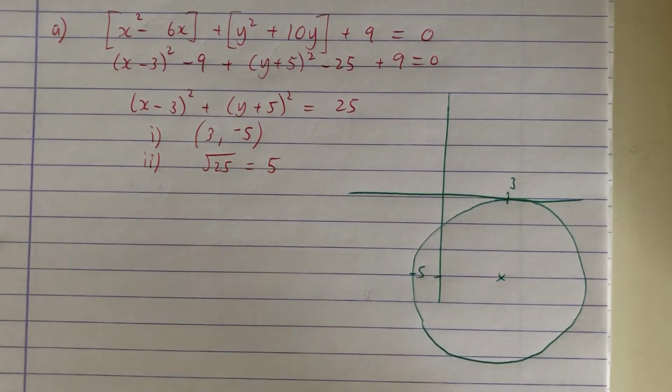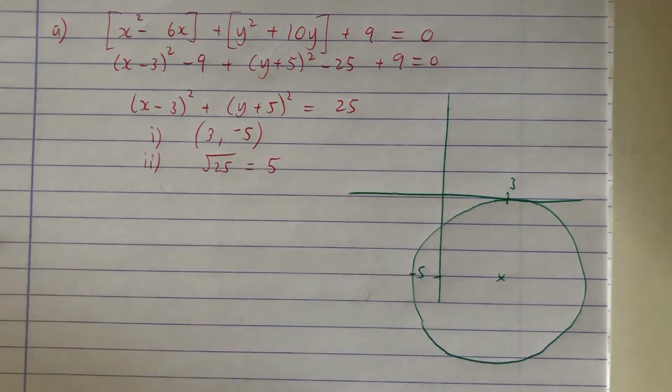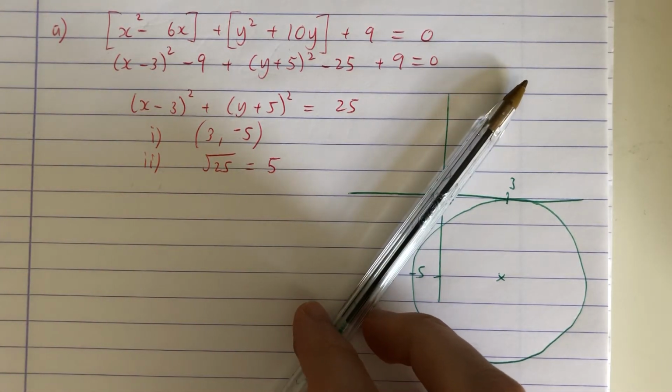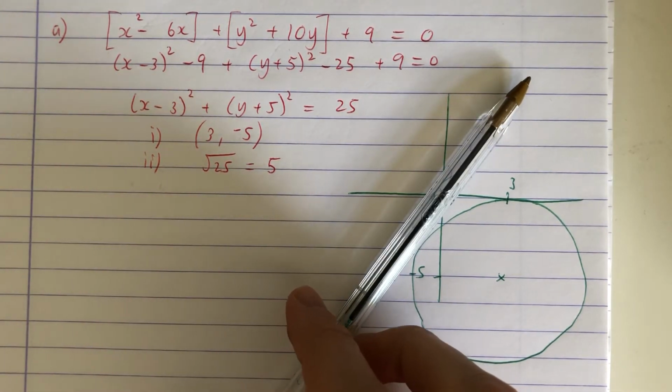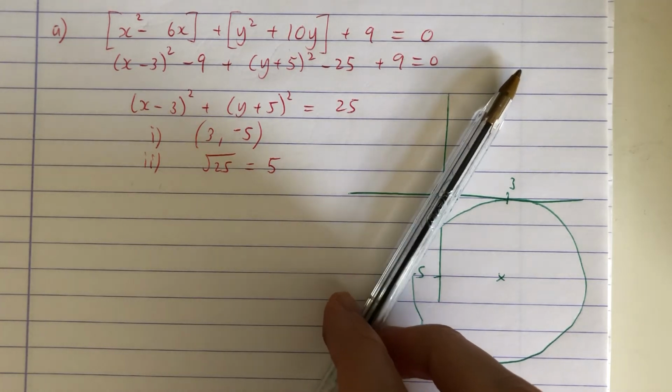Okay, and this y = kx is just some straight line which goes through the origin, and we need to find the values of k for which it cuts this circle at 2 different points.